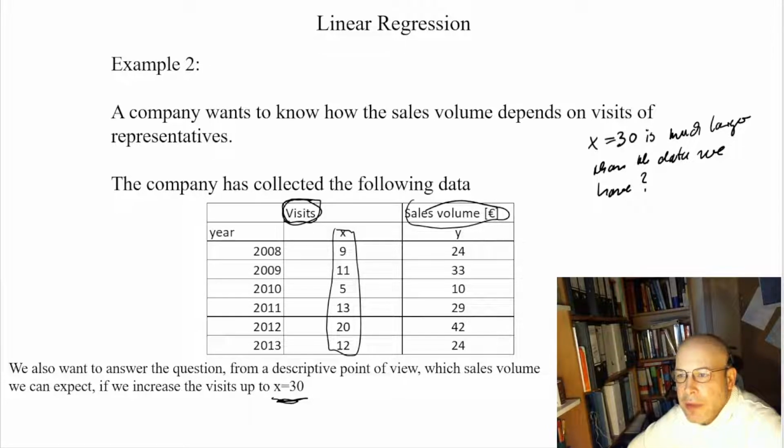And of course, then we have to pay these people. So we have to have an idea where our sales volume would be if we increase our number to, for example, x equals 30. Let's plot also this data.